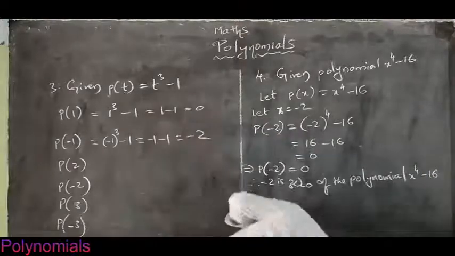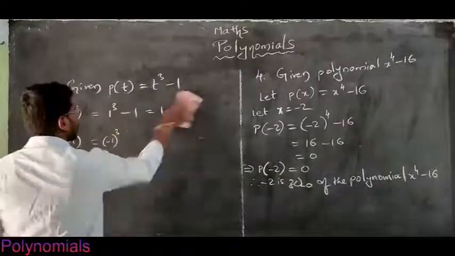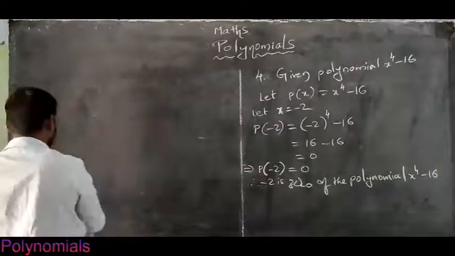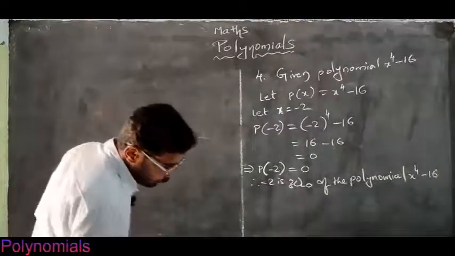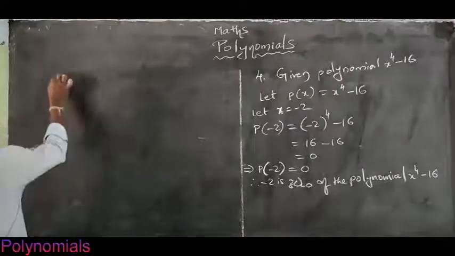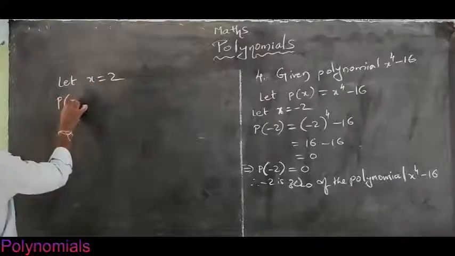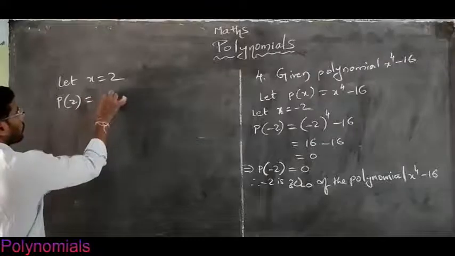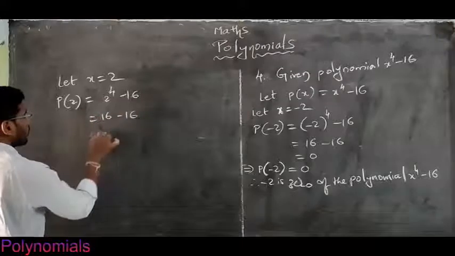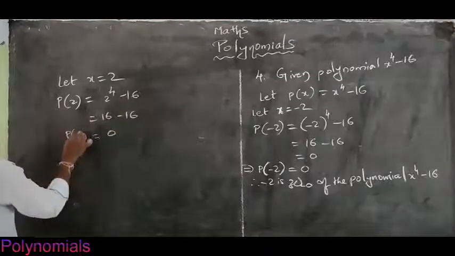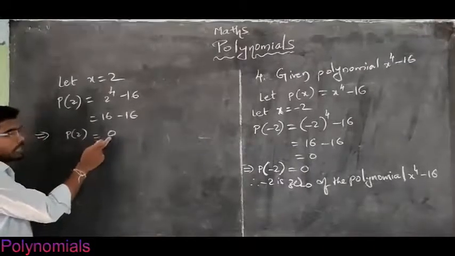He has given one more value also, that is 2. Now let x equals 2. P of 2 equals 2 to the power of 4 minus 16. 2 to the power of 4 is 16, 16 minus 16 is 0. So P of 2 equals 0. In this polynomial, if we substitute 2, its value is becoming 0.